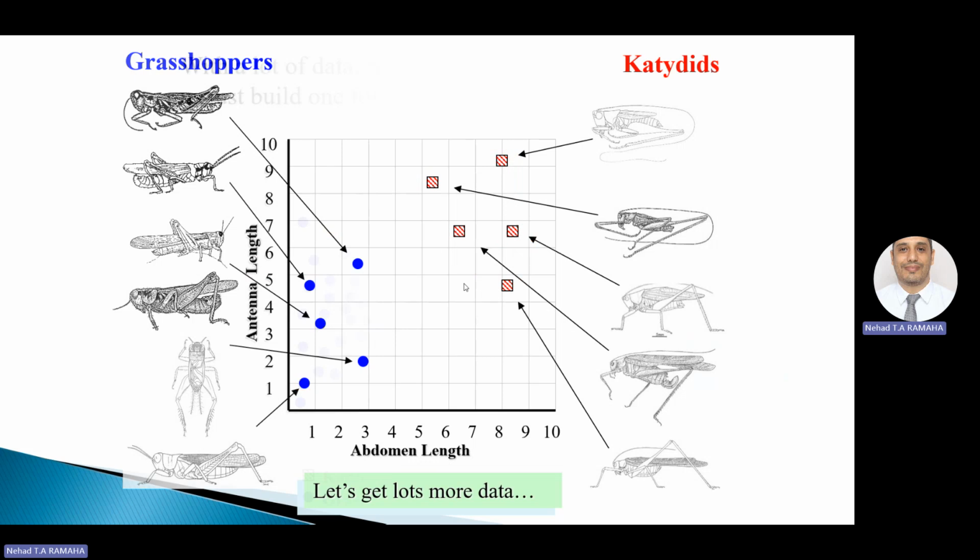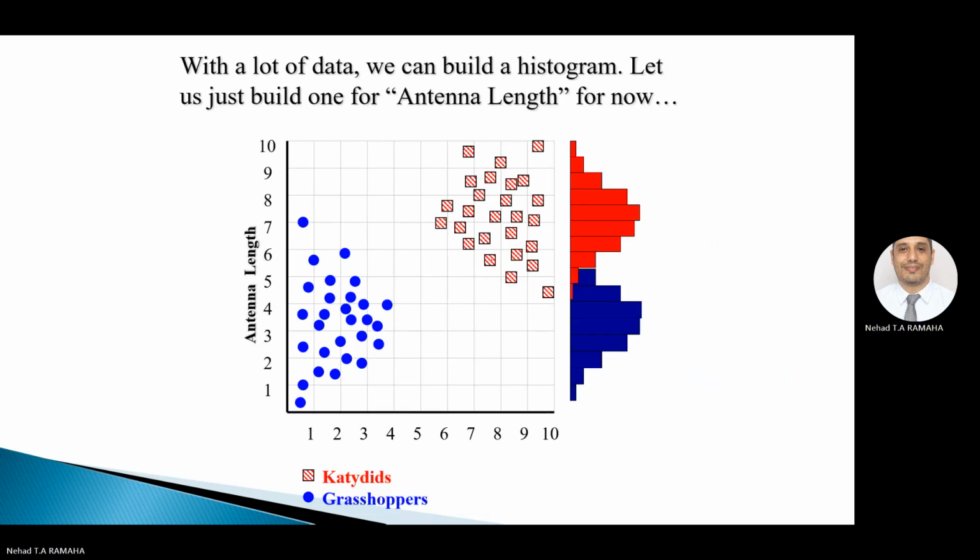So we can imagine it like this. If we look only at antenna lengths, we have this data. All this blue is a grasshopper, and those that have red dots are katydids.